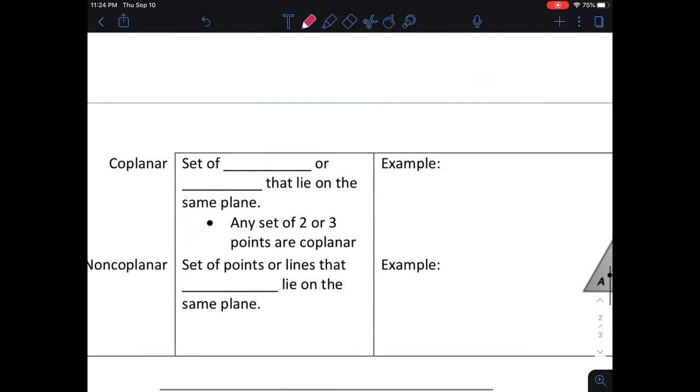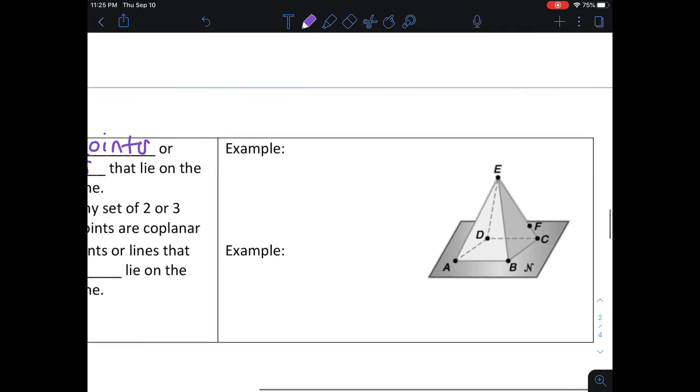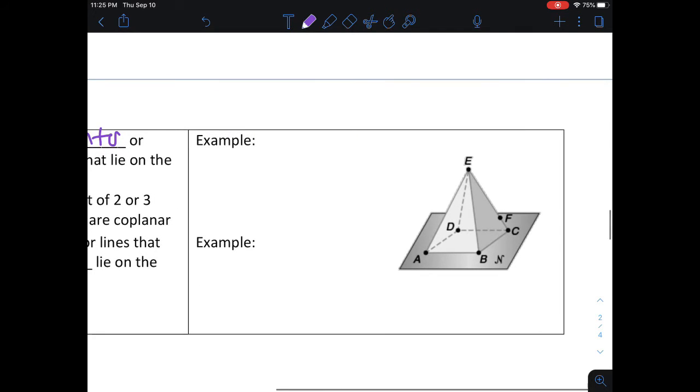All right, coplanar. A set of points or lines that lie on the same plane. Any set of 2 or 3 points are coplanar. So basically, if you look at the diagram over here, if you pick any 3 points, I don't even care if they don't look coplanar.